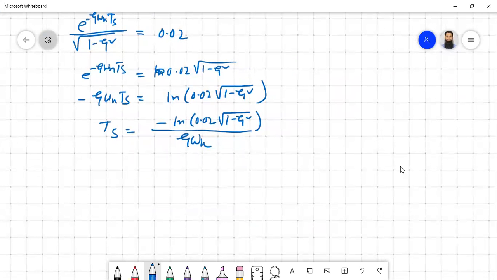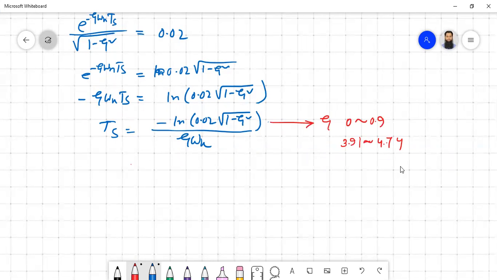Okay, so the ts formula is a bit complicated, and based on the value of zeta, the value is always going to change. But for simplicity of the analysis, if you range the value of zeta from 0 to 0.9, then the numerator is going to range from 3.91 to 4.74. So we can assume a suitable value in between.